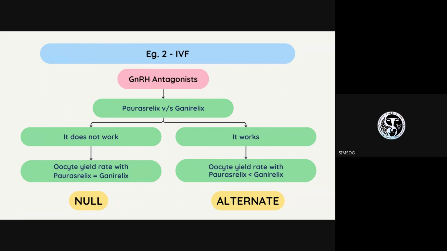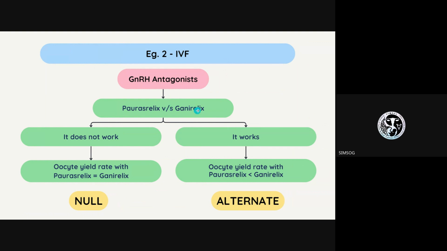Okay, similarly for IVF, I had added thousands of examples. Again, let's imagine I create a new drug tomorrow for IVF, for an antagonist cycle, for getting more oocytes, or more mature follicles. I call it Pauras relics, and we have to compare it to something, right?